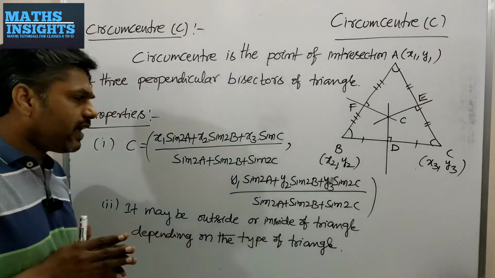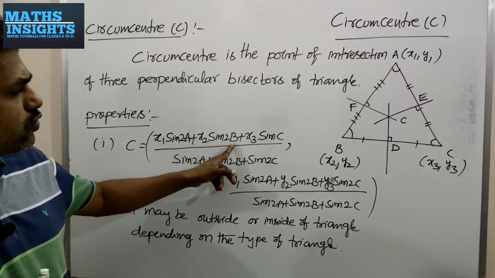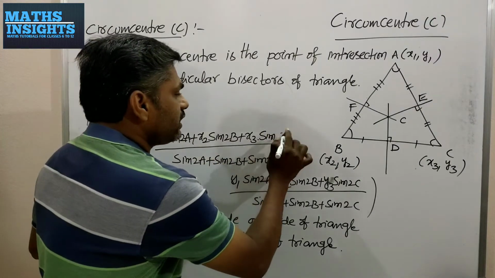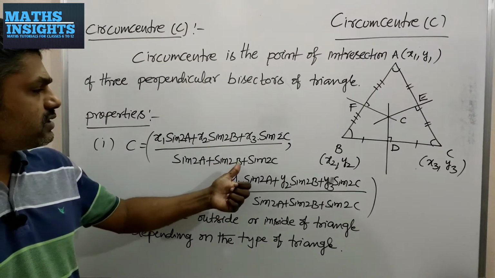How will you calculate the x coordinate? x1 sin 2a plus x2 sin 2b plus x3 sin 2c, divided by sin 2a plus sin 2b plus sin 2c.